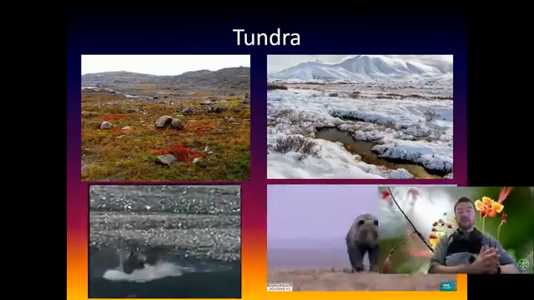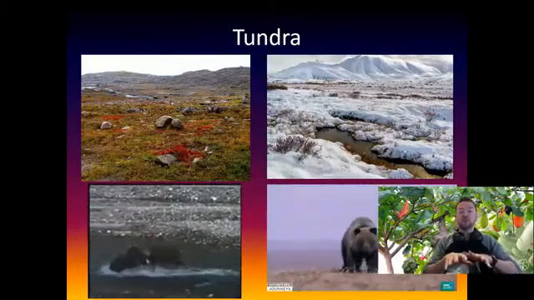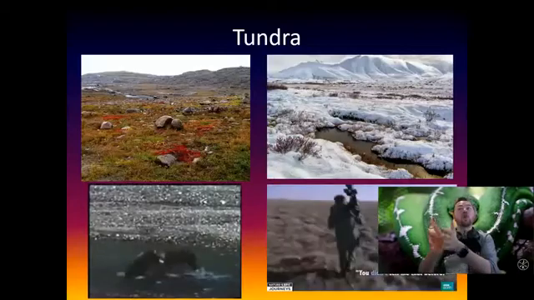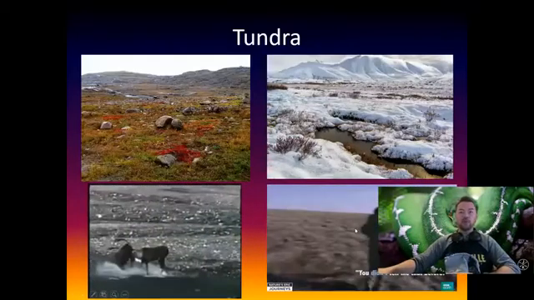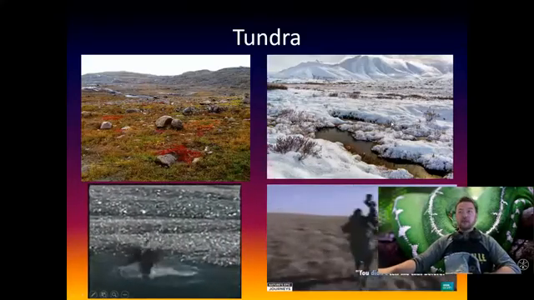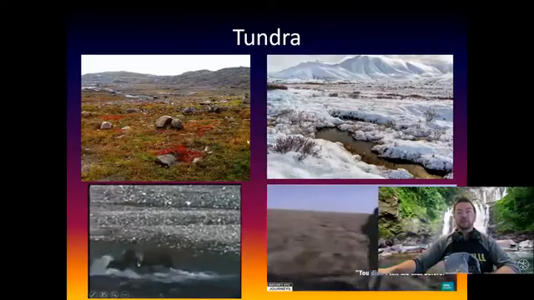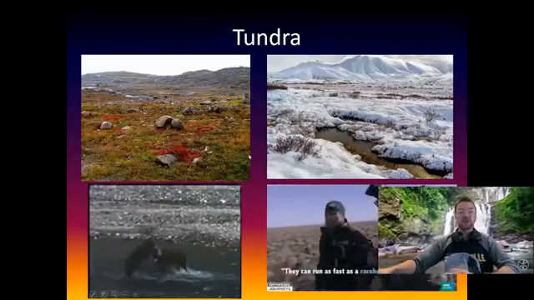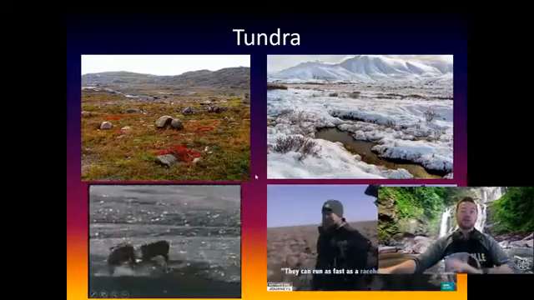So trees and bushes can't really grow in this area because they need deeper root systems. That's why you don't see trees there. You get organisms like caribou and your reindeer and some bears, obviously, but really, really cold. And it's not the best place to live. You can find tundra in Alaska, in Russia, in Canada, but those are different types of biomes.